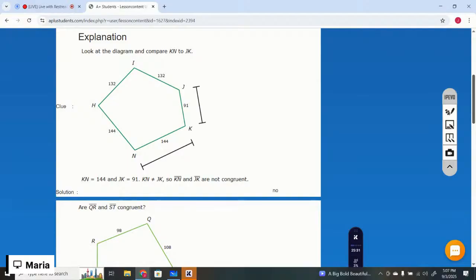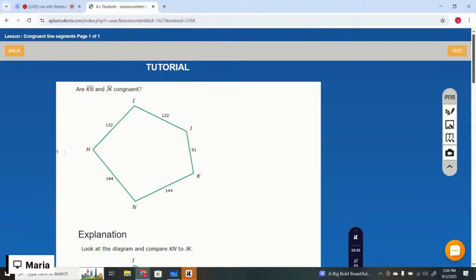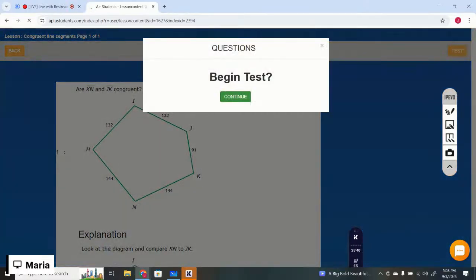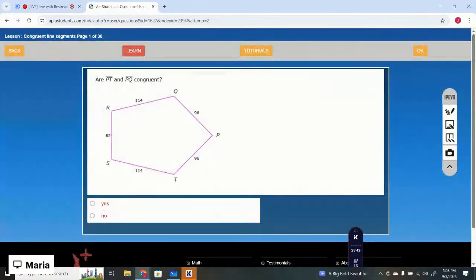Let's just start with the test questions. Are PT and PQ congruent?